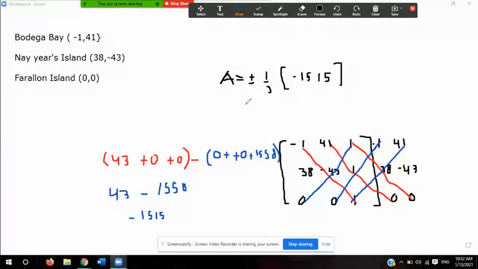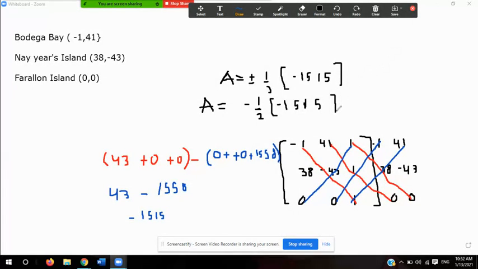So obviously, if the determinant was negative, I'm going to say negative 1/2 times negative 1,515. When I multiply that, remember, I can multiply it by 0.5 or divide my answer by 2. It's going to give me the same answer regardless.